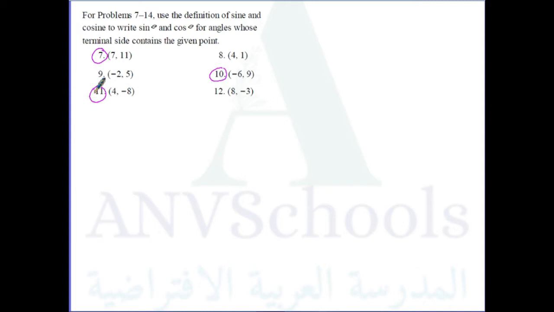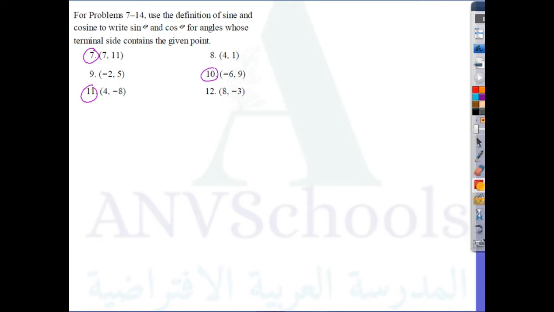Let's start with 7, and let's create a box for each of the items. So we have this for number 7.